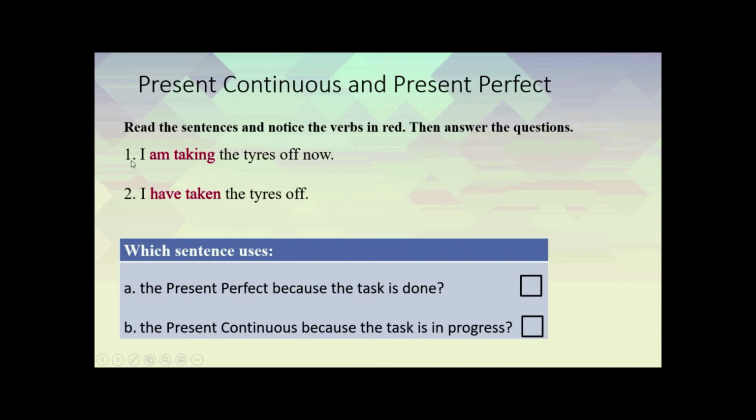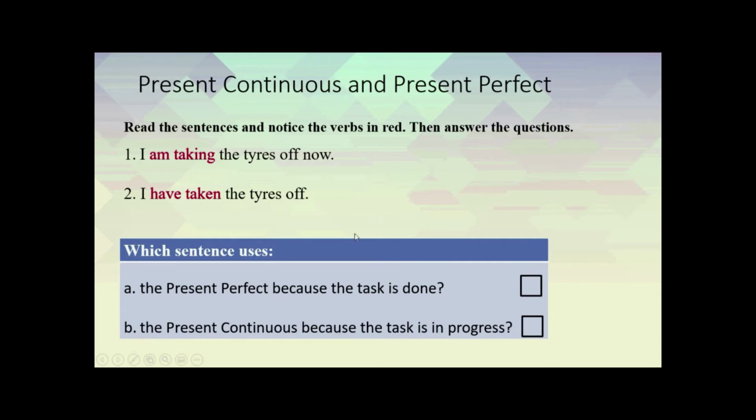Now, sentence 1, I am taking the tires off now. Number 2, I have taken the tires off. Which sentence uses A, the present perfect because the task is done, B, the present continuous because the task is in progress?